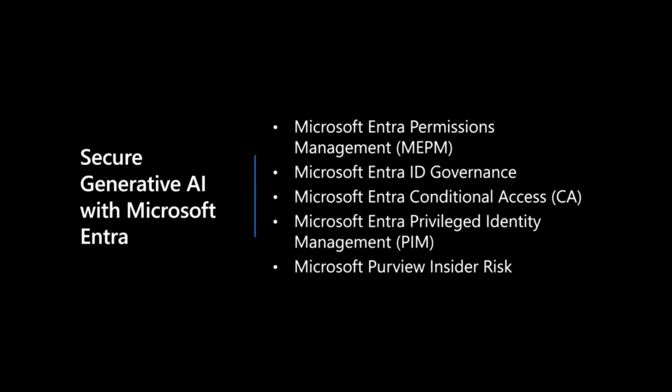Microsoft Entra offers a comprehensive suite of capabilities to securely manage AI applications, appropriately control access, and protect sensitive data. And just to name some of the capabilities available, we have Entra Permissions Management, Entra ID Governance, Entra Conditional Access, Entra Privileged Identity Management, and then we also have Microsoft Purview inside the risk.